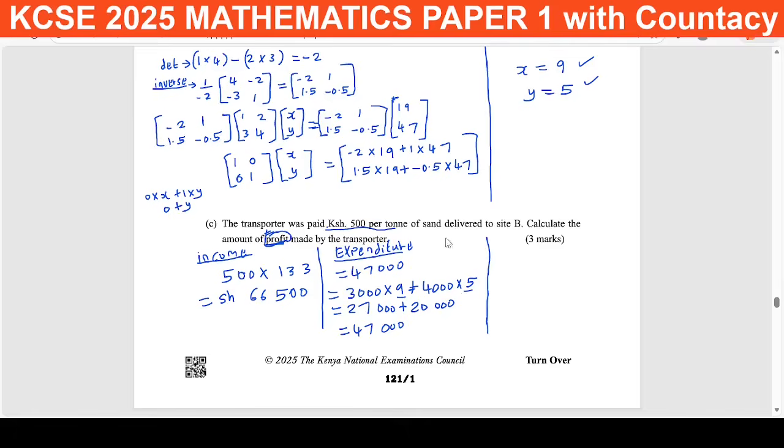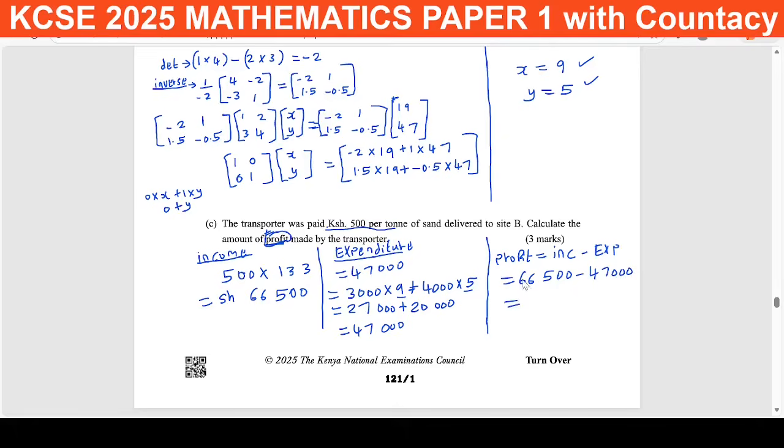But now we are not done with this part. What you're really supposed to do is to find the profit. Therefore, we say that profit should be equivalent to income minus expenditure. And that will be equivalent to 66,500 minus 47,000.